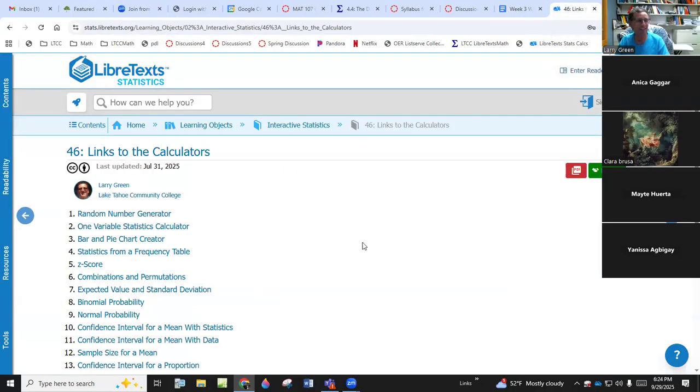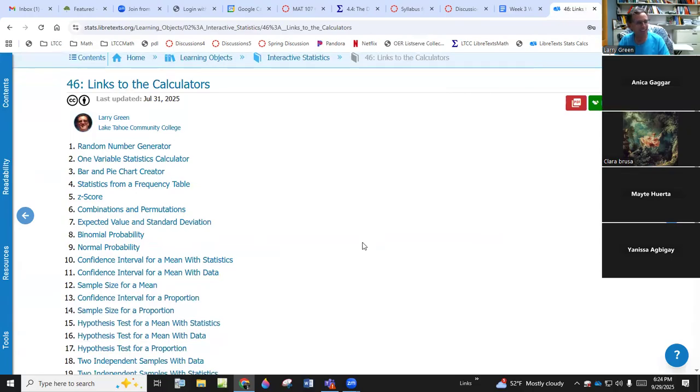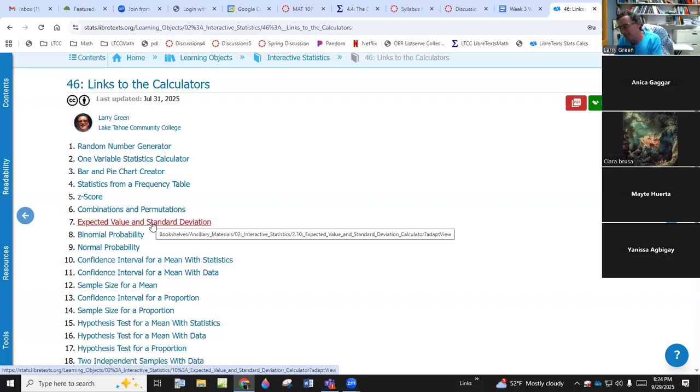So we're going to go to this calculator, and I tried to make it really obvious. What calculator number do you think you should use? It's not a trick question. Yeah, number 7, expected value and standard deviation. Not only did I try to make the words very clear, I also put it in the order in which we do things in this class.